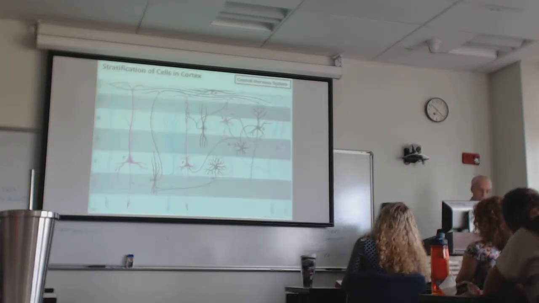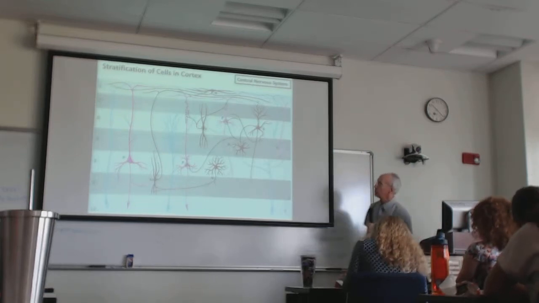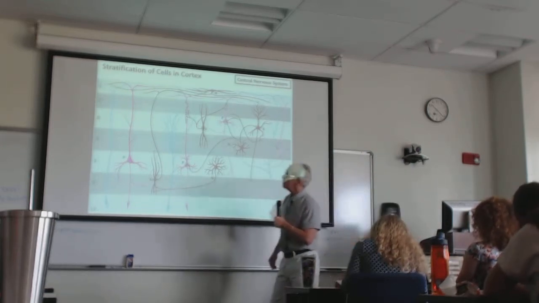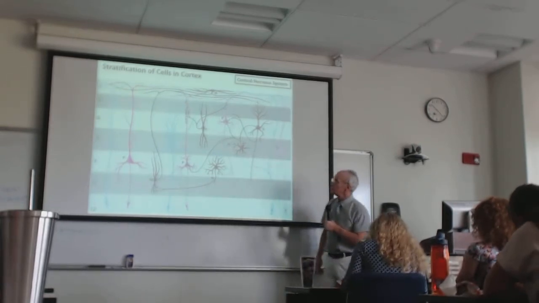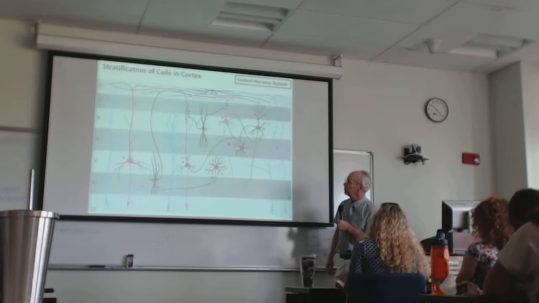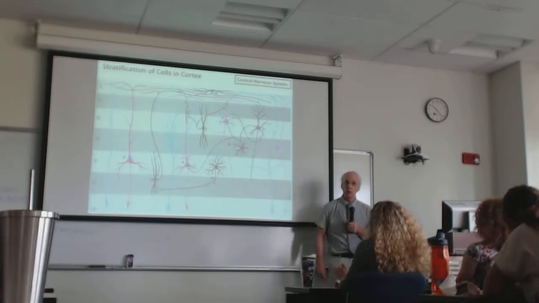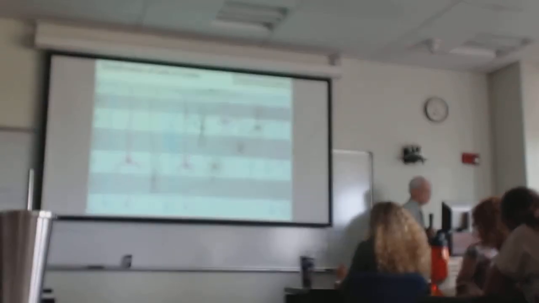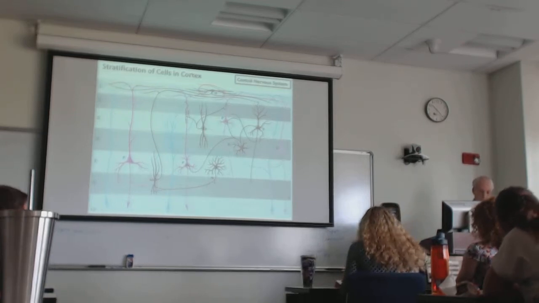You'll notice layer 1 consists primarily of dendritic horizontal connections between adjacent regions of the cortex. There are a few cells up there, usually small. Some of them are called horizontal cells because they extend these horizontal processes, but primarily it is a region of intercommunication.